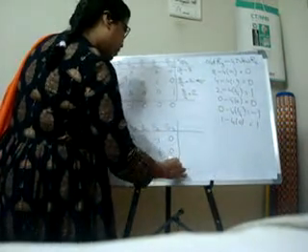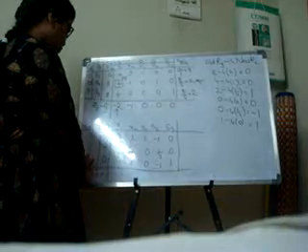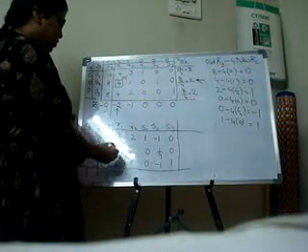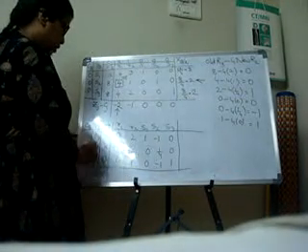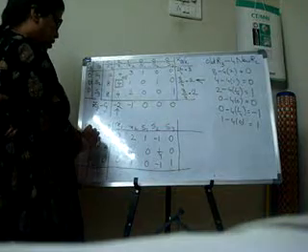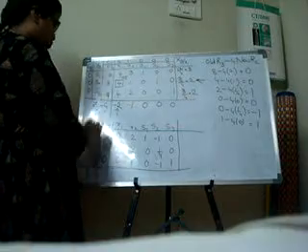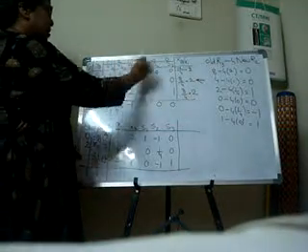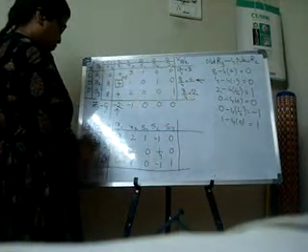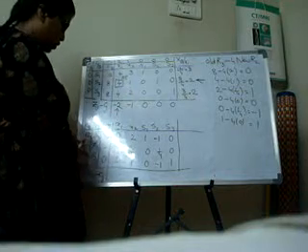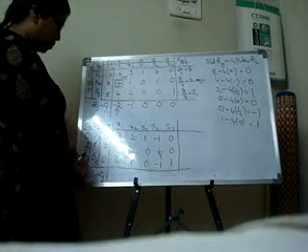Now first search where the identity matrix is. 1, 0, 0: where is 1, 0, 0? S1. 0, 1, 0 is at X1. And 0, 0, 1 is at S3. Cost of S1 is 0, cost of X1 is 2, cost of S3 is 0. Now, Zj minus Cj. 0 into 0, 0 into 1, 2 into 1 plus 0 into 0.